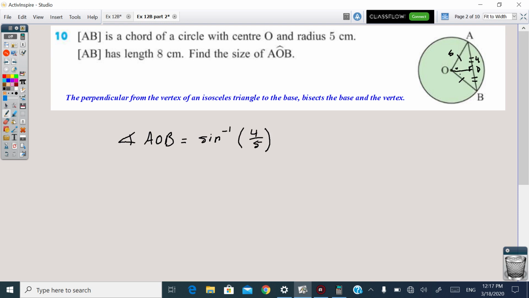You need to find the angle, and then you must multiply by 2 because the angle AOB, sorry, this is not AOB, this is AOD. The angle AOB is twice the angle AOD.